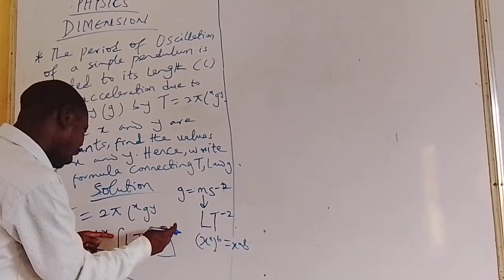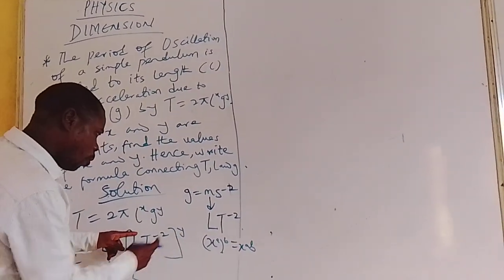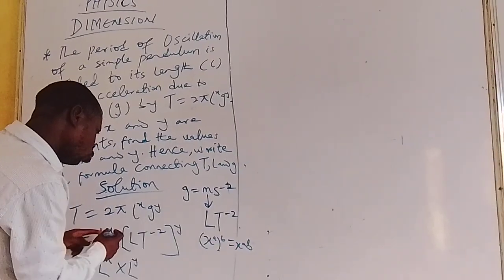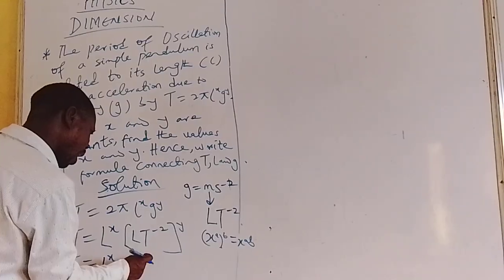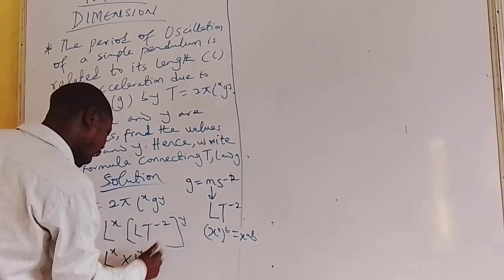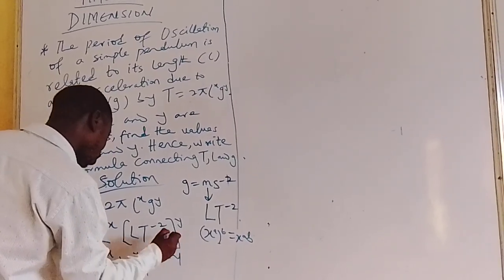So you deal with this power like that. L means L raised to power 1, then we expand the powers. So y times 1, that is L raised to power y, then T minus 2 times y, that is T raised to power minus 2y.